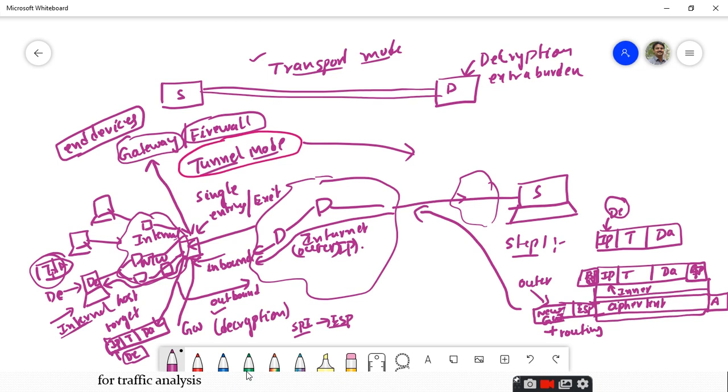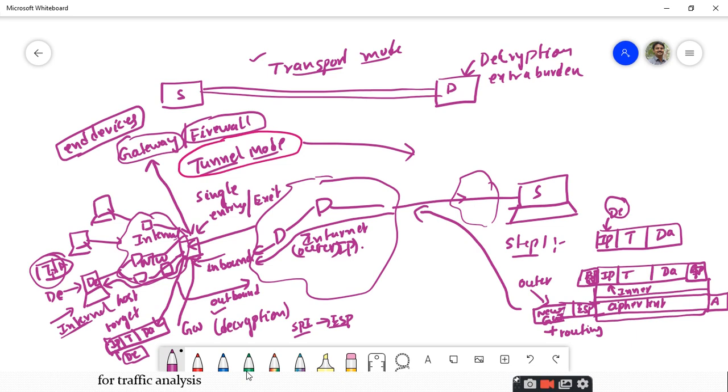The destination system does not have any burden, because decryption has already been performed by the gateway. It simply has to take the data and do the necessary processing. So one important point is that transport mode is somewhat less secure. This is all about the tunnel mode operation. These are the 4 steps that are involved in the tunnel mode operation of the ESP.